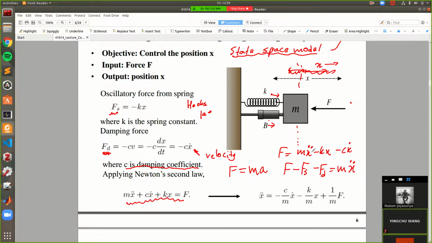But then if x is minus, this will become plus. Right? Anyway, it really depends on how you're measuring x, right? So let's go with this equation, right? And if I subject x double dot, we get this relationship, right?